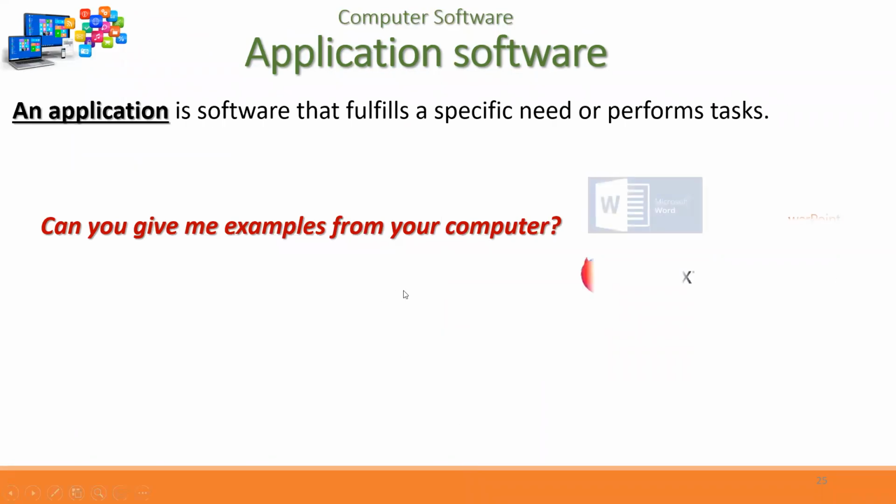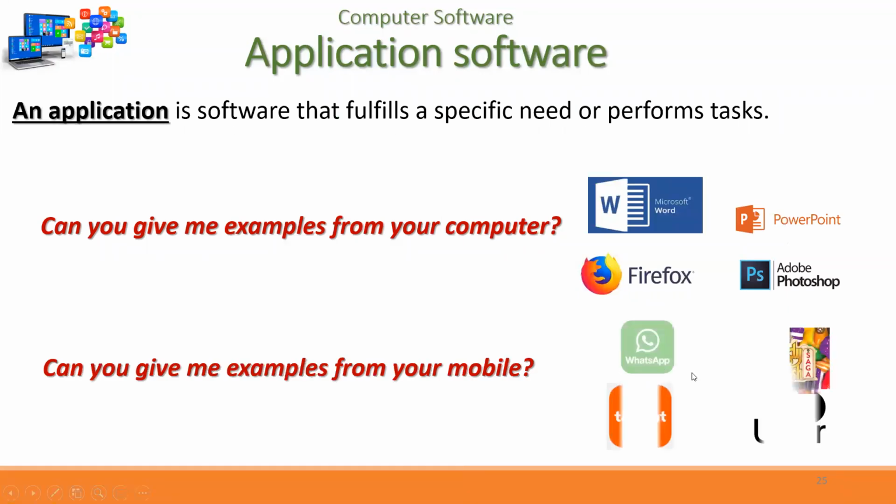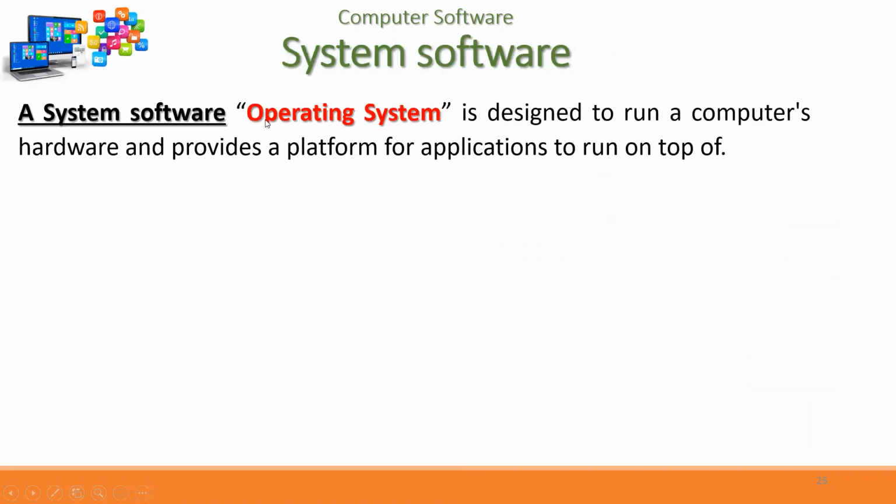Instagram, Snapchat. Exactly. Word, PowerPoint, Photoshop, Instagram, Snapchat, games, Uber, Careem, Talabat. All these are applications to do a specific job. While there is something called system software, what we call the operating system. Don't call it system software, it's called operating system. The operating system is the core of the software. It's the core of the machine.